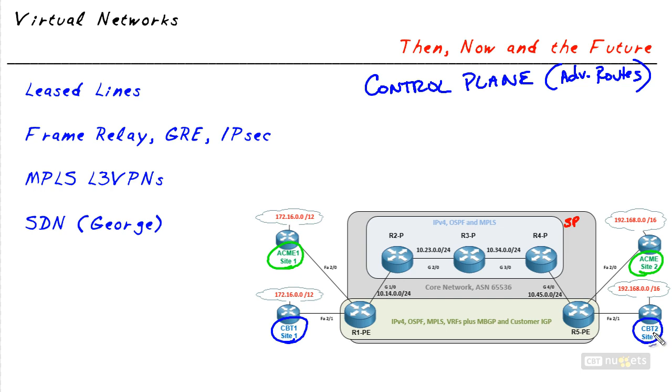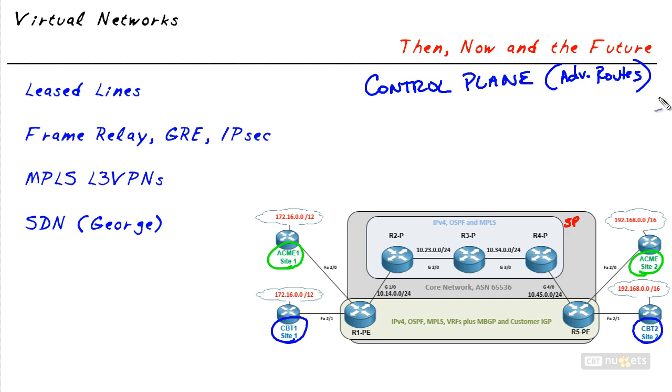What would happen? Well, if they have a route to 172.16, when the customers at this site send traffic to 172.16, it's going to be forwarded up to Acme, and we're going to have a mingling of traffic. So as a service provider, if we want to keep our jobs, we need to keep Acme's routes separate from CBT's routes, and CBT's routes separate from some other customer that we have. So the control plane is all about advertising the correct routes to the right customers.